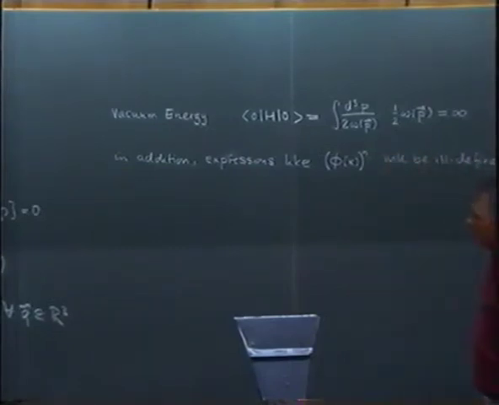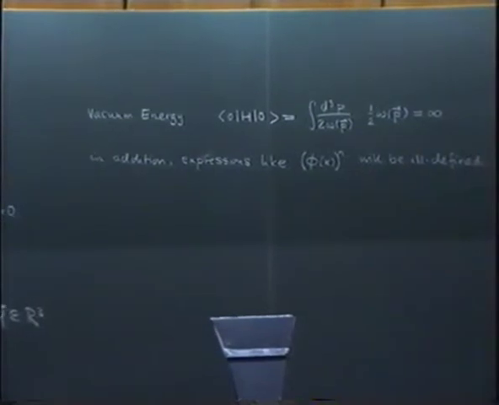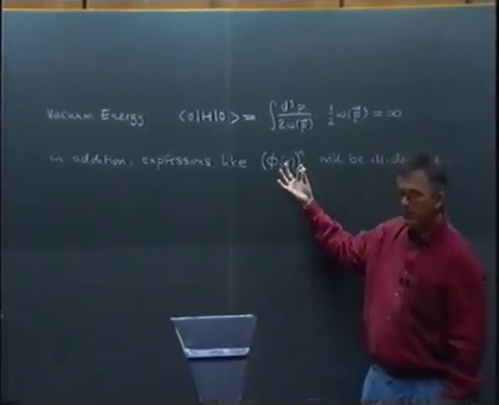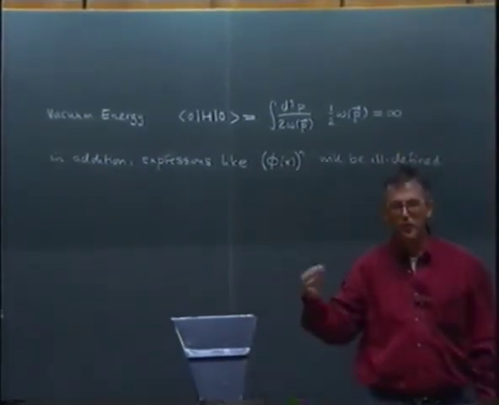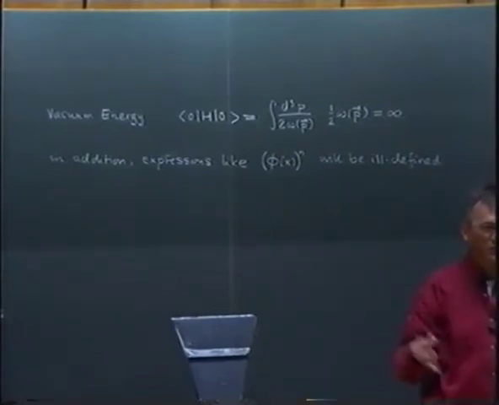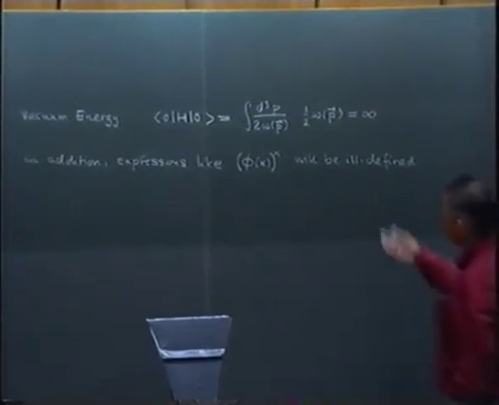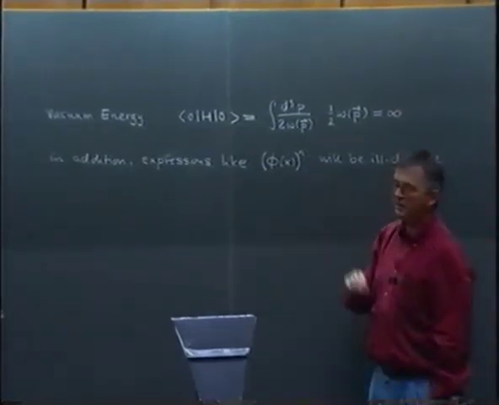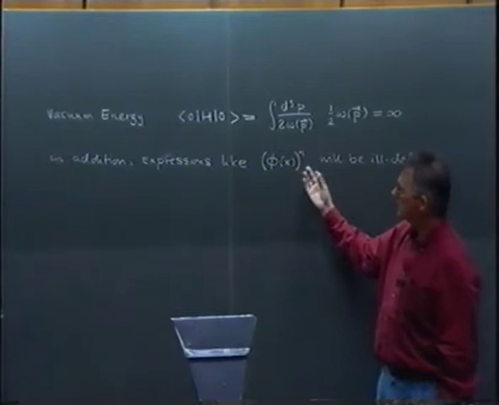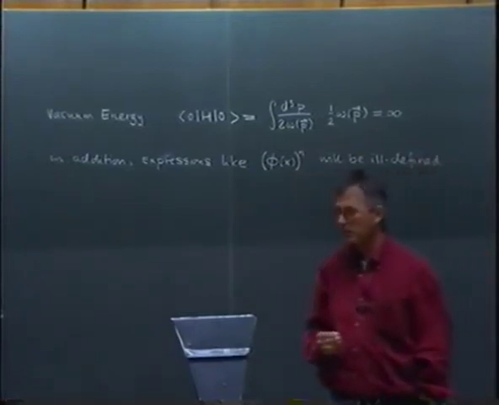This is a simple exercise you can do. If the operator is well-defined, then all its matrix elements have to be well-defined. So all you have to check in order to see that it's not well-defined is to calculate the matrix element of such an operator between appropriate states.